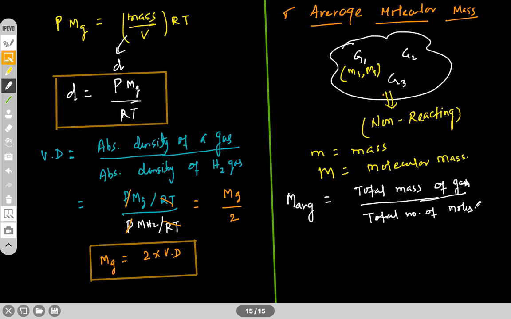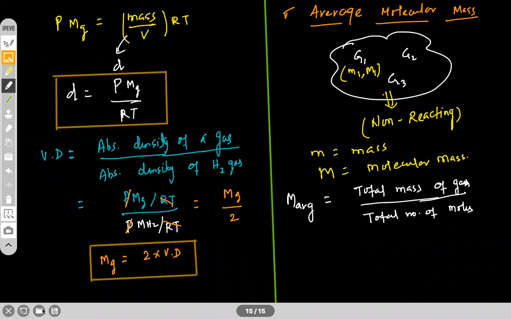You can memorize this easily. Number of moles equals mass by molecular mass. So M average is this, and number of moles will come this side. Okay, this is the formula we have for M average.